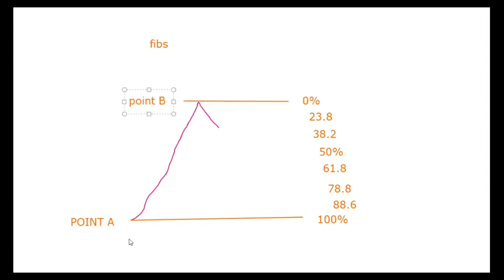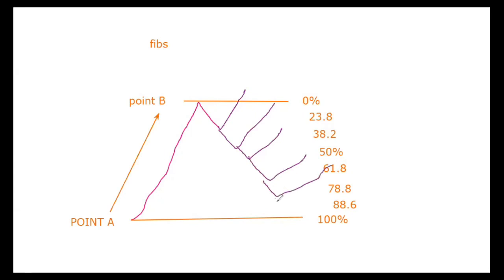When you pull out your Fibonacci tool, you're pulling it in this direction from point A to point B, and you're waiting on a retrace in the market. It could be 23.6, 38.2, 50%, 61.8, 78.6, 88.6, or 100, which is like a full retrace from point A.